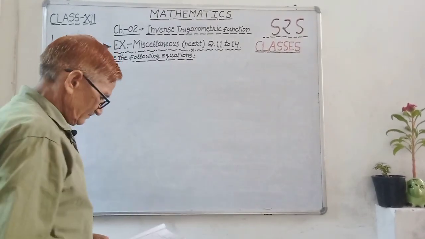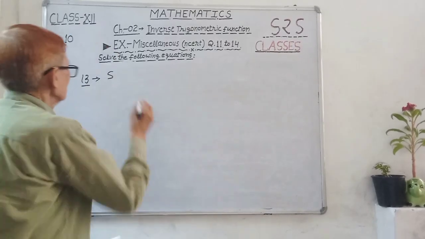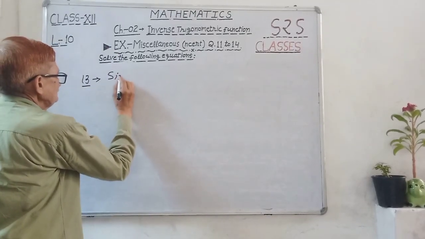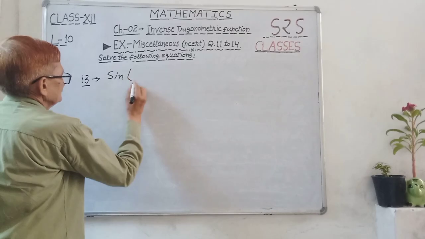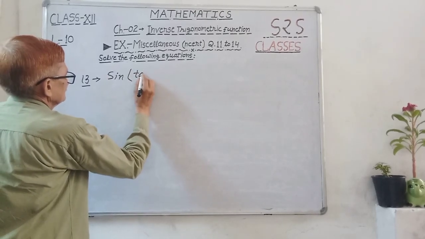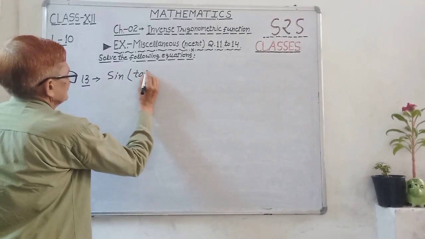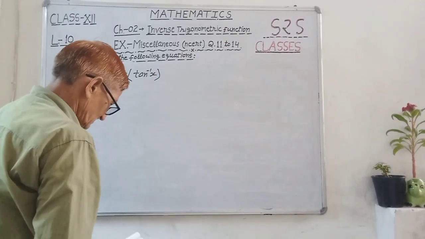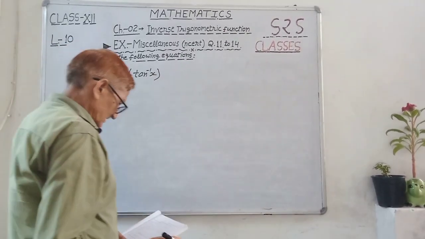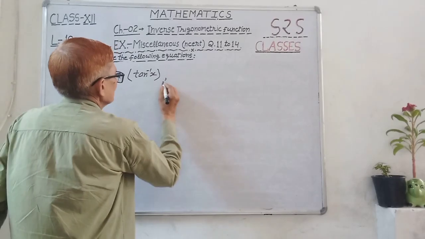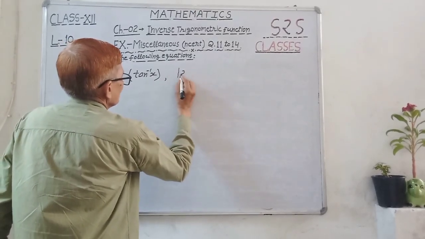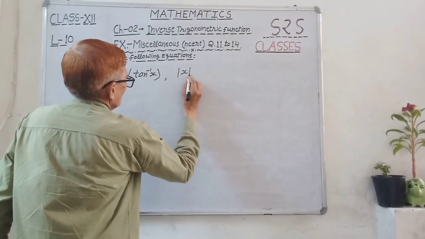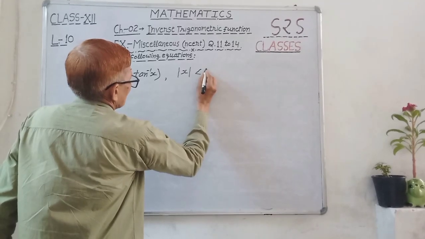Question 13. Sine of tan inverse x, modulus x is less than 1. Modulus x less than 1.